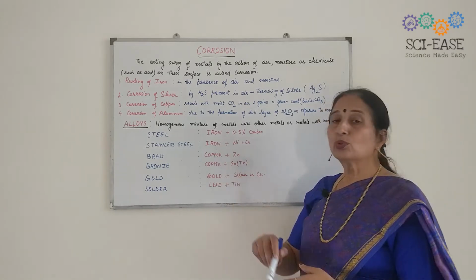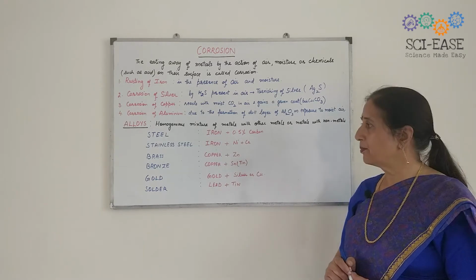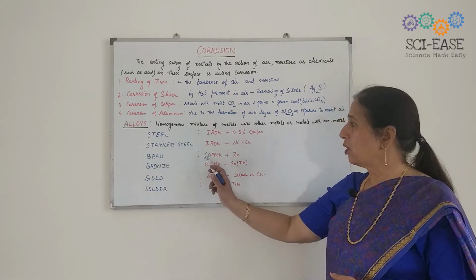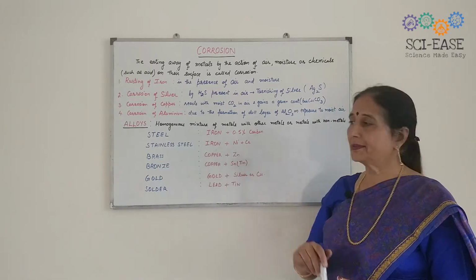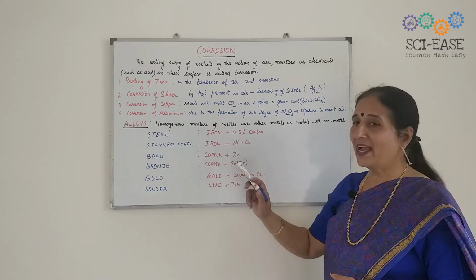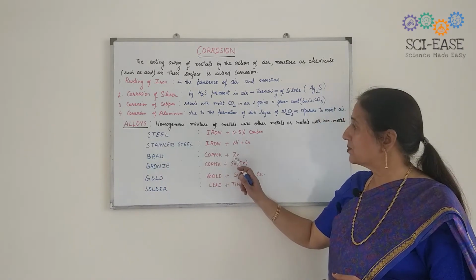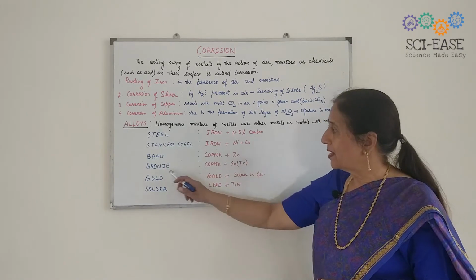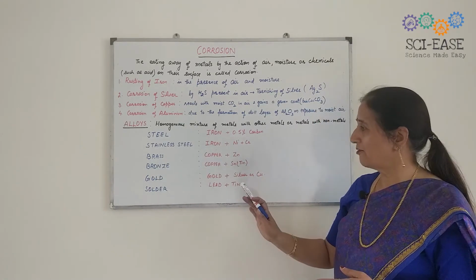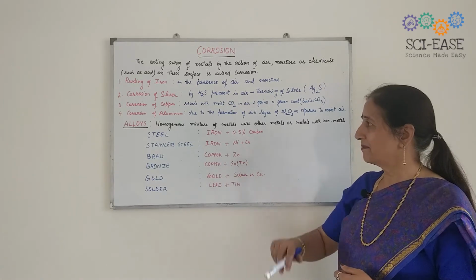Now come to the alloys of copper. Two very important alloys: brass and bronze. Brass is the mixture of copper and zinc. Bronze is copper plus tin.